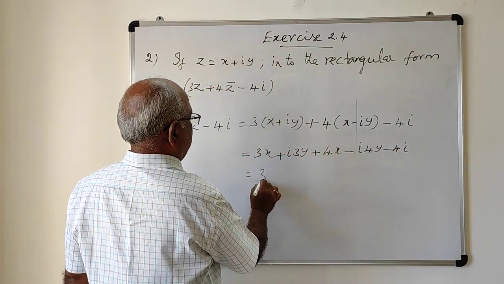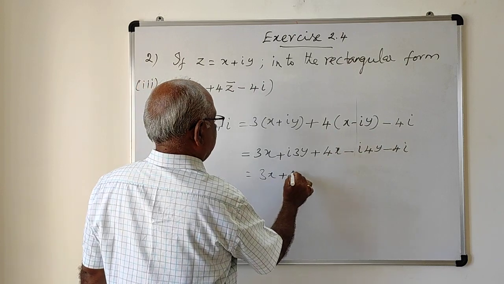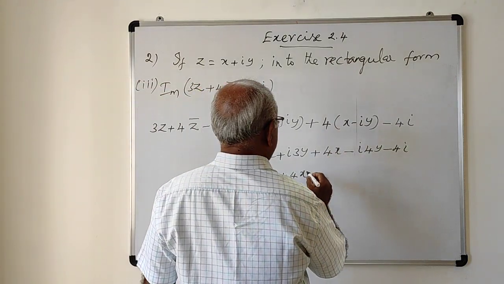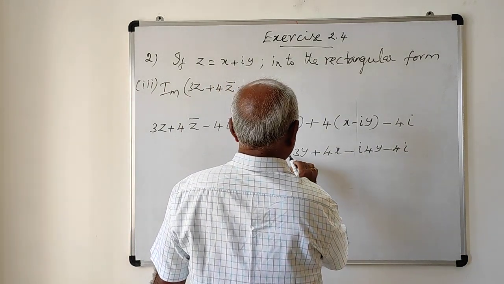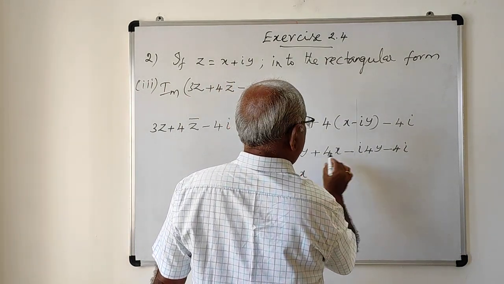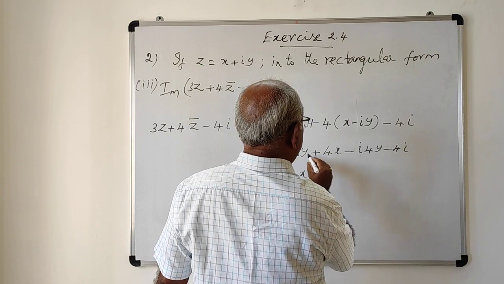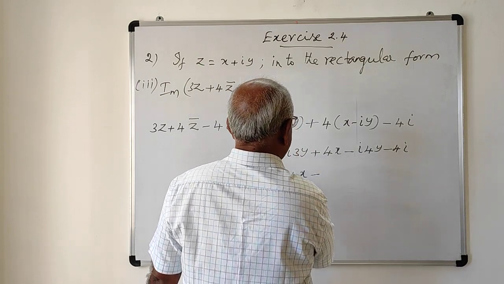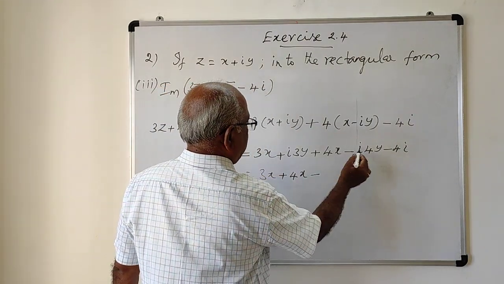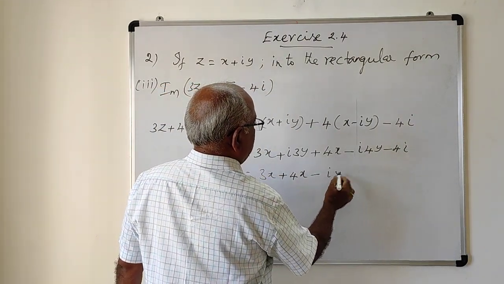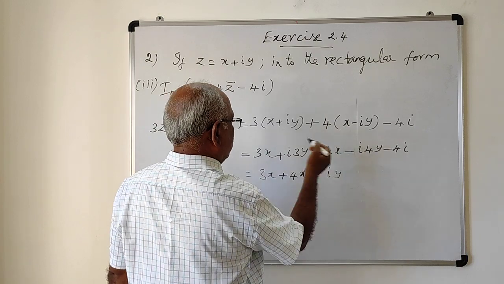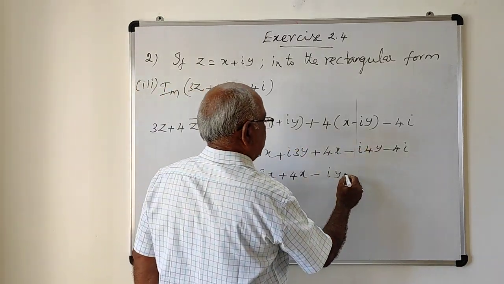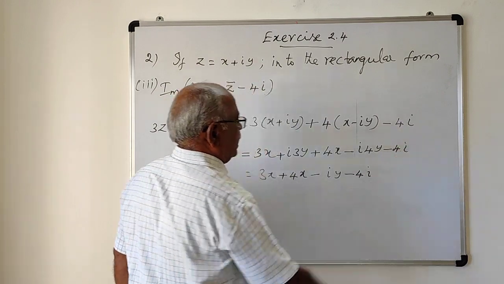Collecting the real part, 3x plus 4x. Imaginary part, what is that?